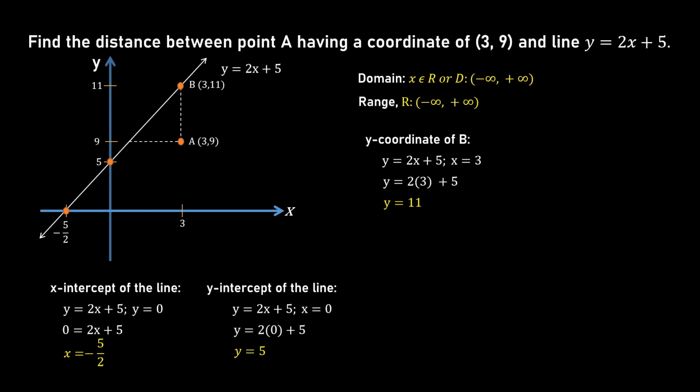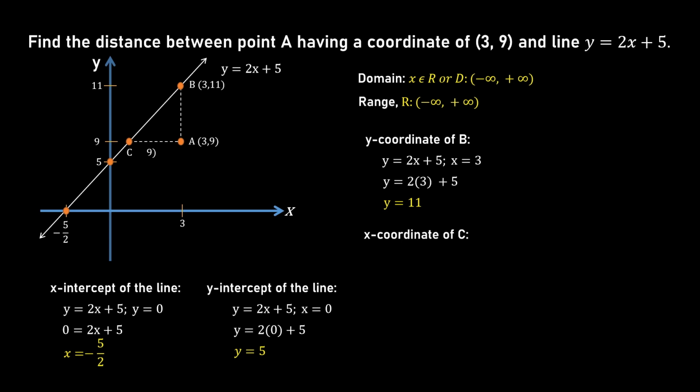So let's say the intersection as C. And if we would inspect points A and C, these points lie on a horizontal line. And what we can say about 2 points that lie on a horizontal line? If 2 points lie on a horizontal line, their y coordinate is equal.